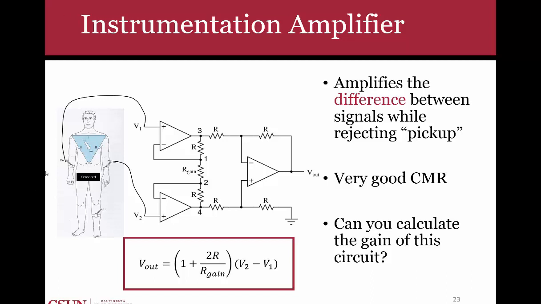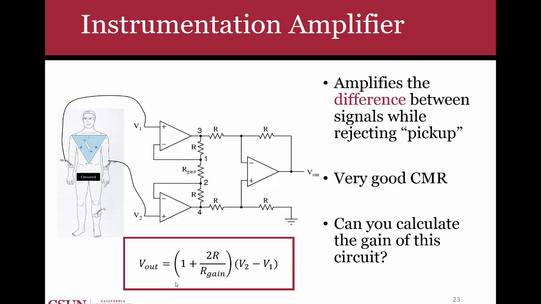So you're going to get those 2 voltages. They have noise on them, but you're going to pump them to a buffer, which then goes to a differential amplifier. It turns out, if you do the math, which we'll do in a second, that the output voltage is equal to some gain times the voltage difference of left arm minus right arm.